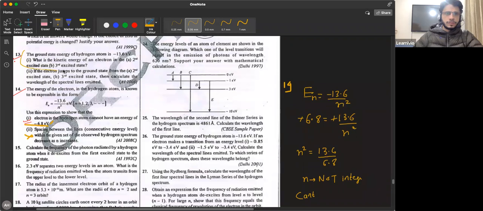Now let's solve the first part of question number 13. Just note down the question, please.